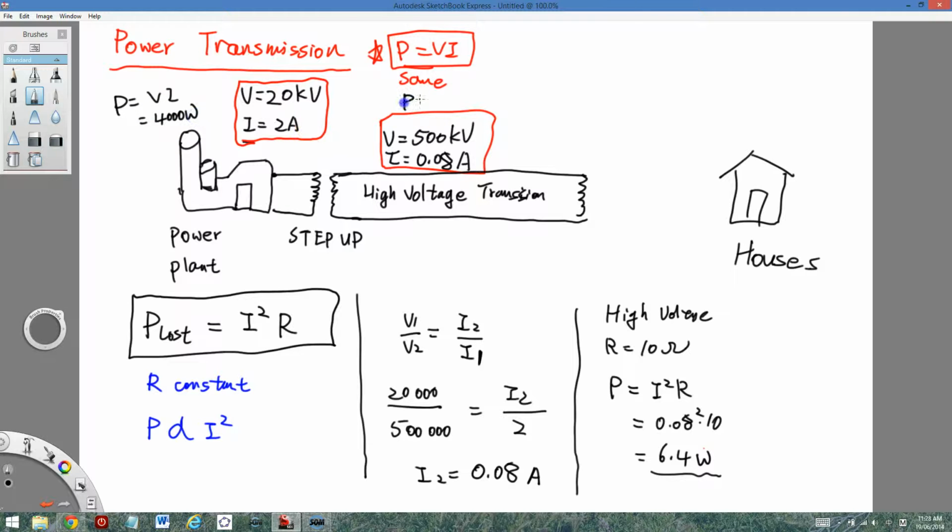Okay. In here, the power is going to be the same. You can do the 40,000 with 10. However, at the end, because of the resistance in the wire, the power will be this much, take away 6.4. Okay.